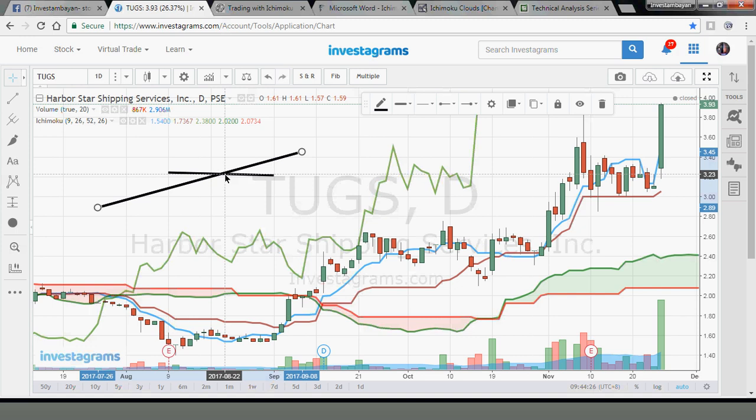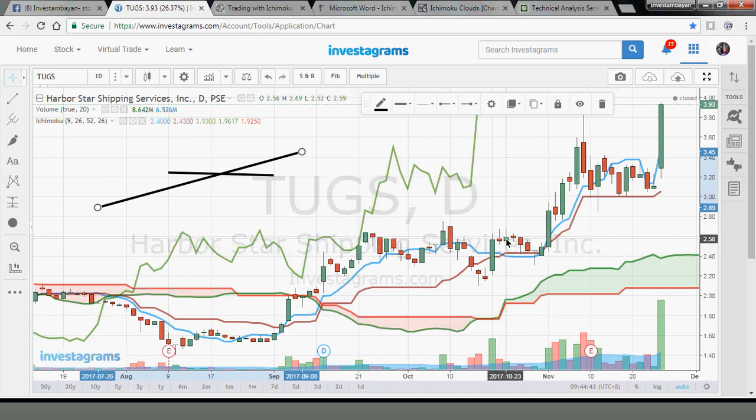Kasi parang nagre-reverse na yung trend ng stock or short-term trend ng stock.